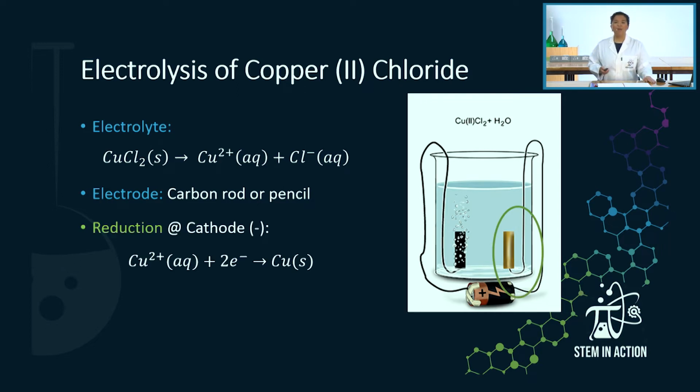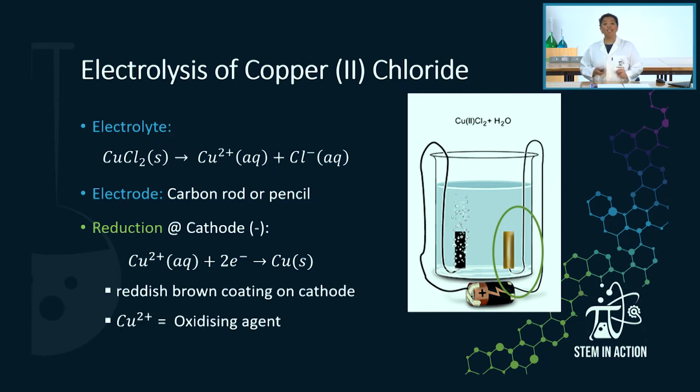So there we have our reduction half reaction, which always takes place at the cathode. There we've got copper 2+ ions that are being reduced, because reduction always takes place at the cathode. These copper 2+ ions are being reduced to copper metal, and so this cathode will actually gain in mass, and you'll have a copper coating forming on that electrode.